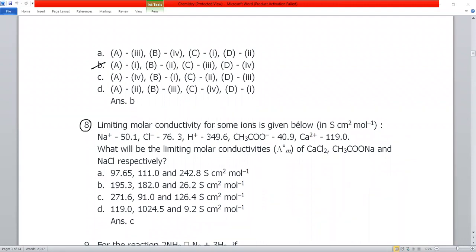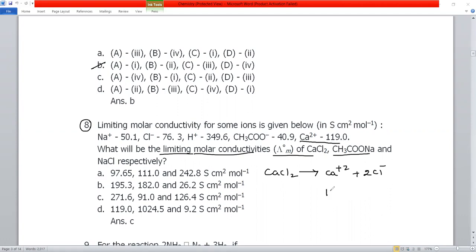Limiting molar conductivity of ions is given. What will be the limiting molar conductivity of CaCl2, sodium acetate and NaCl? CaCl2 will dissociate into Ca2+ plus 2Cl-. Here they have given limiting molar conductivities, so we have to add them. Calcium, how much have they given? Check, students. 119.